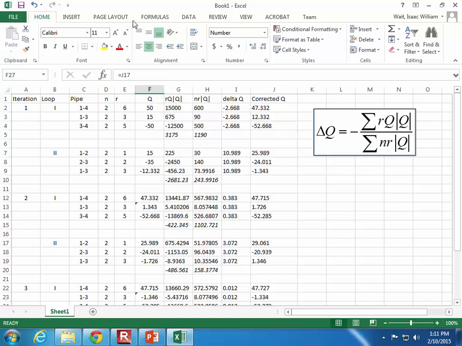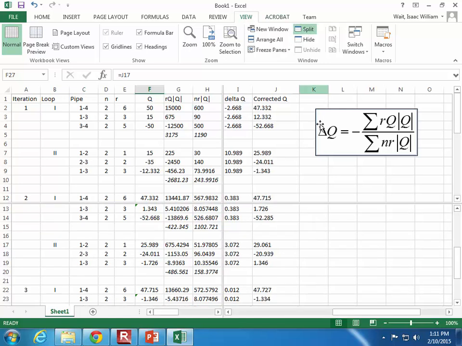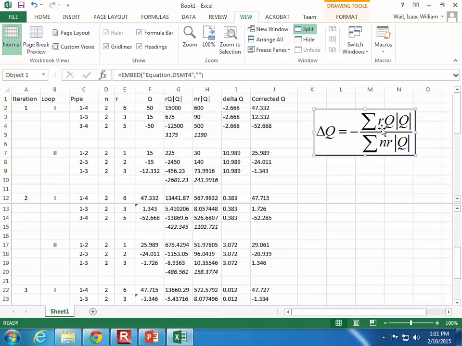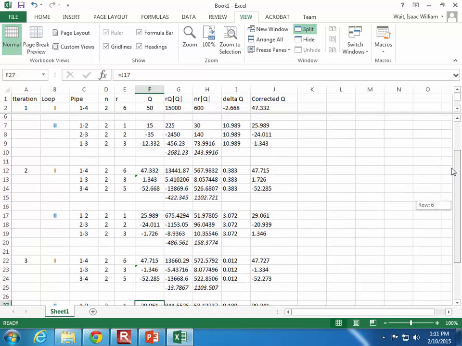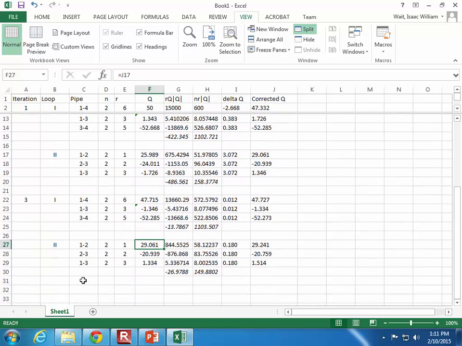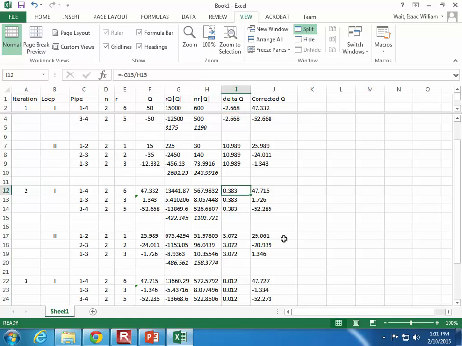Let me do view, split. Oh, I don't need to split it like that, though. So what I can do if it's split is I can keep my column headings and see them while I'm scrolling down here. Okay, so look at the delta Q. Our first delta Q was 2, and then 0.3.